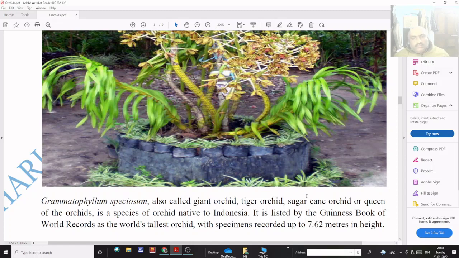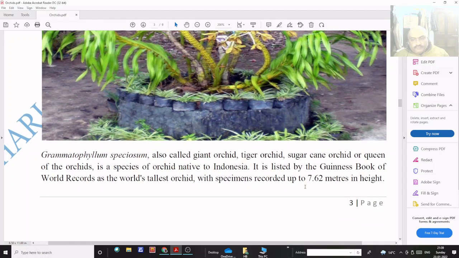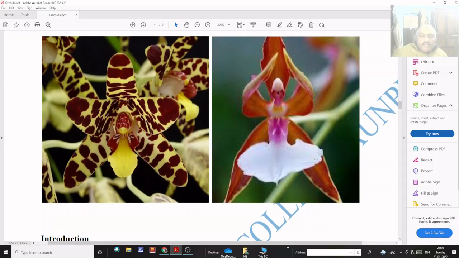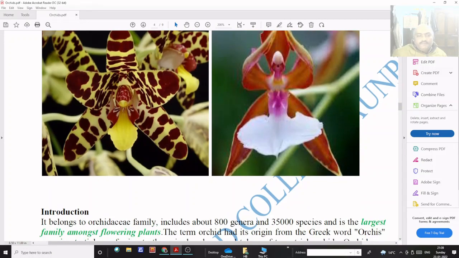It grows more than 7.5 meters in height. You may see this picture, which is very fascinating in its color and structure. I forgot to mention the name of the genus while collecting these images from the website.